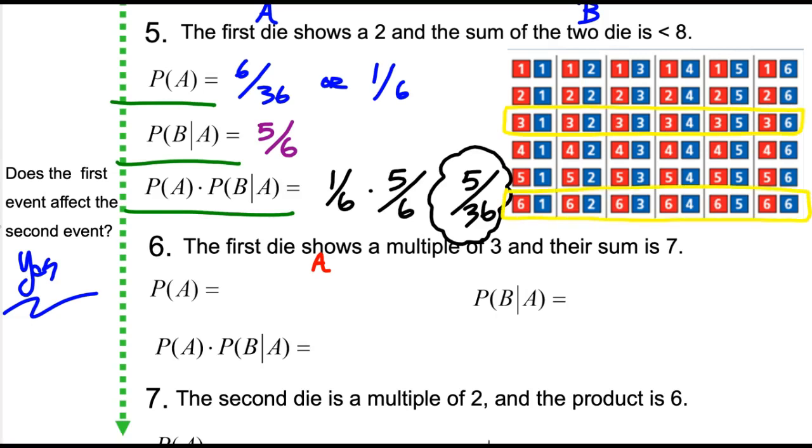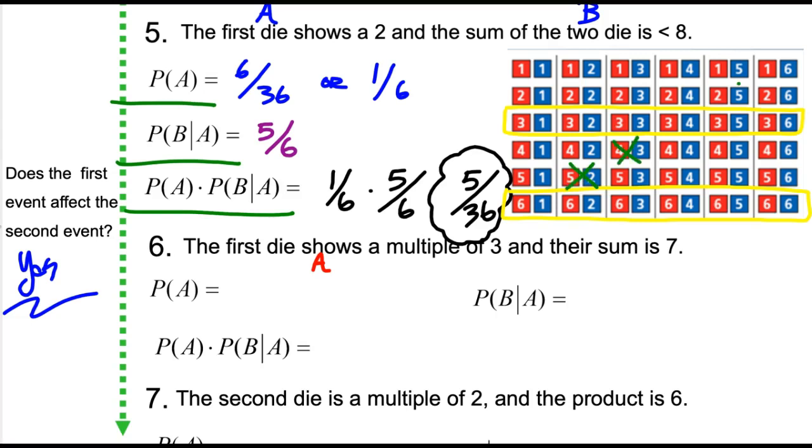And their sum is 7. So now this just narrowed down a bunch of the sums of 7 because 5 and 2 is not one of the possibilities here. So these are going to be dependent events. It's changed. Being a multiple of 3 limits having a sum of 7 because this one is not going to be possible anymore.